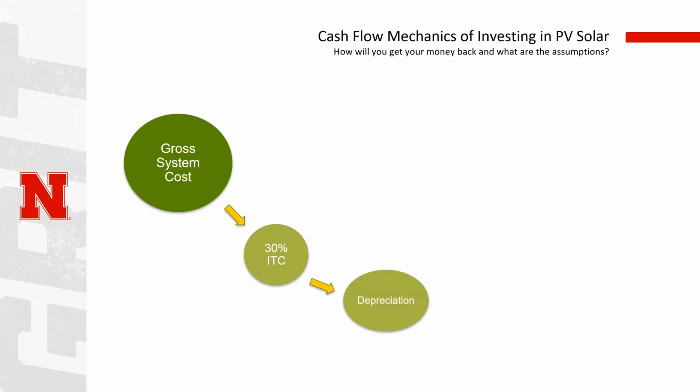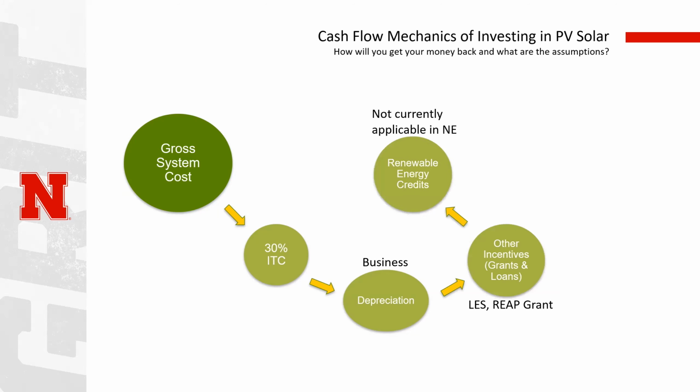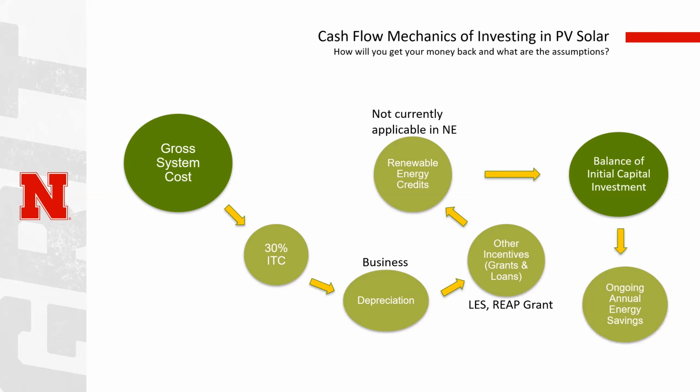We subtract out some of the incentives like the tax credit, the depreciation, any other local incentives, the renewable energy credits, which probably you're not going to get if you're in Nebraska because we don't have any access to selling those. That gives the balance of the investment, or the net cost of the system, and then finally the ongoing savings. What's important about this is that it's really important to understand the gross cost.